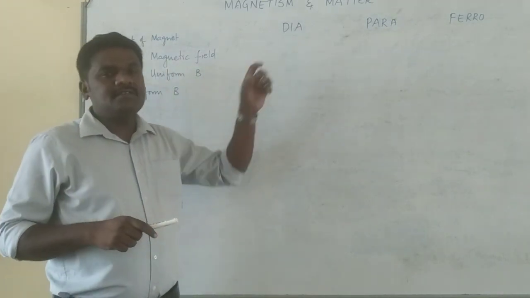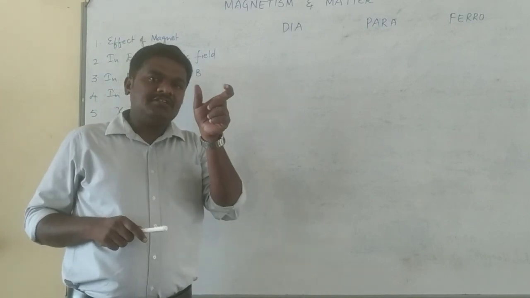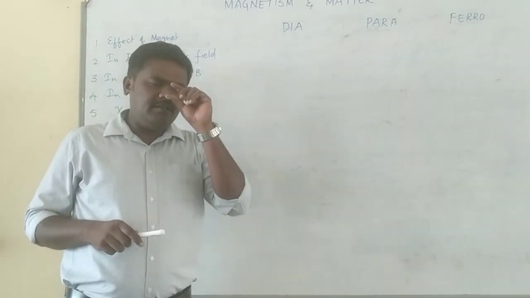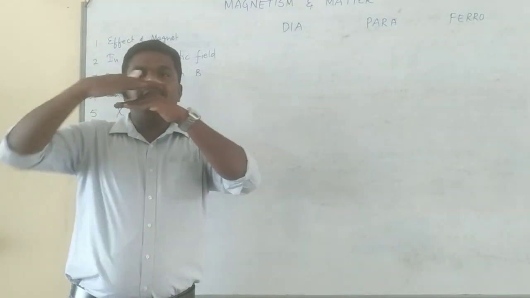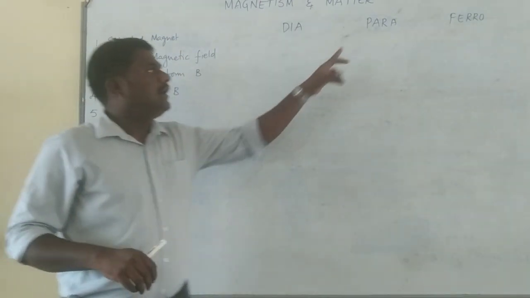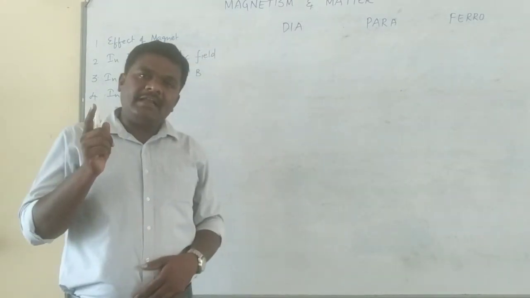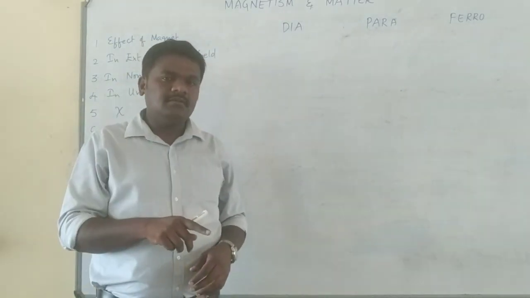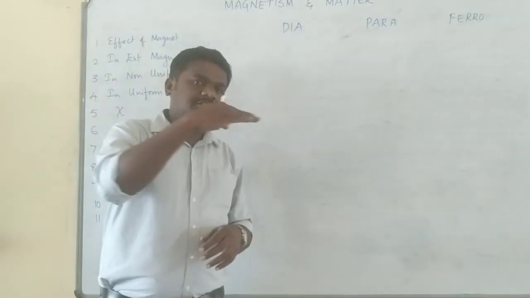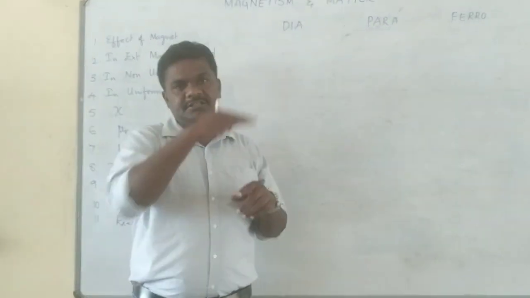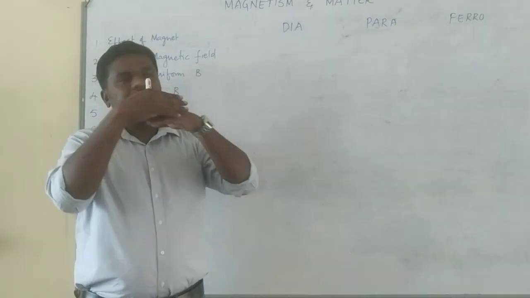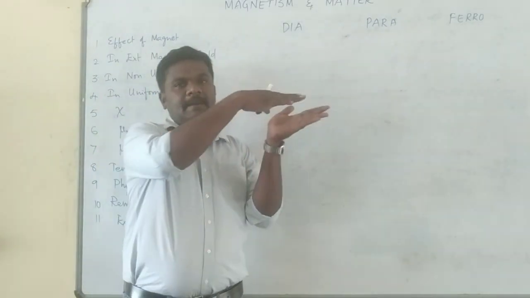In diamagnets, the intensity of magnetization has a very low value, but the direction is opposite to the applied field. In para, the magnetic field produced inside is along the direction of the applied field. In dia, opposite to the applied. In para, along the applied.